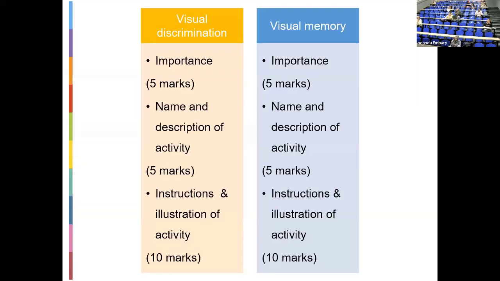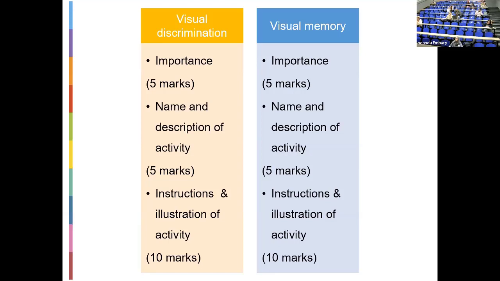Right, and then part B of your assignment, you create 2 activities, one for visual discrimination and one for visual memory. You're going to name the importance of each one. You're going to give your game a name and you're going to describe it. How do we play the game? How does it work?